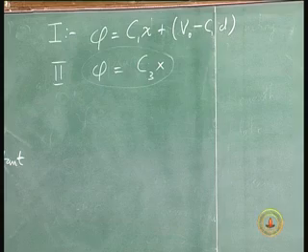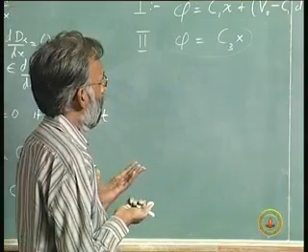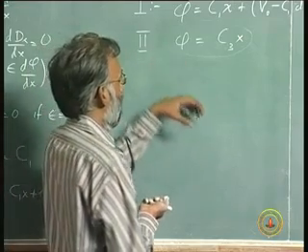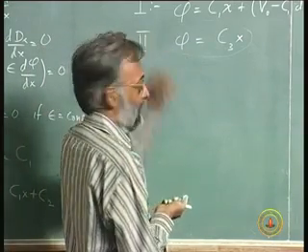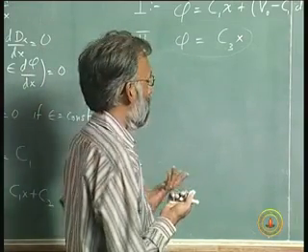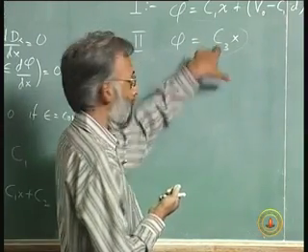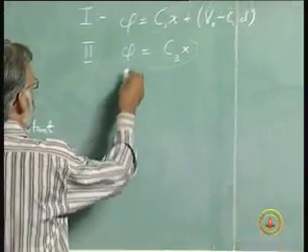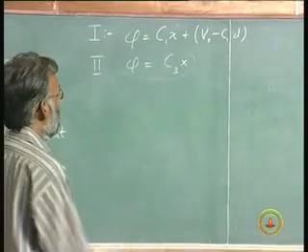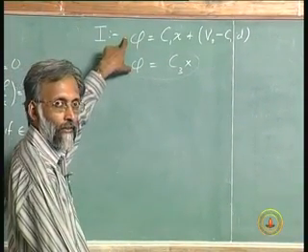So, what I will do is I will say, supposing I do know what the potential at x equals x naught is. If I knew that piece of information, then I can pin down C3. So, how can I get that value? Well, I can get that value from looking at region 1.